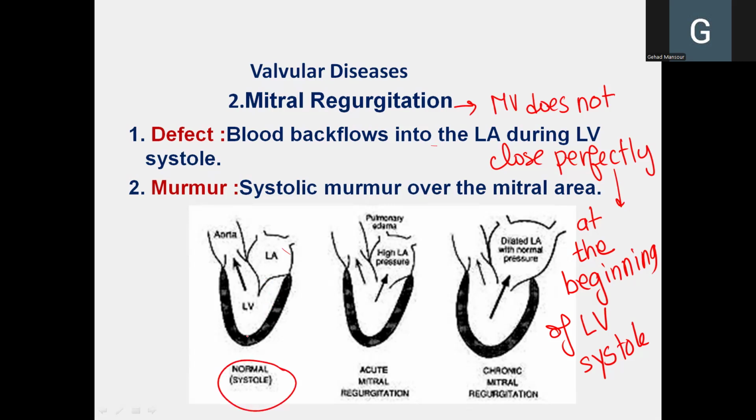So normally at the beginning of left ventricular systole, when the left ventricle starts to send oxygenated blood into the aorta, the mitral valve should be completely closed.